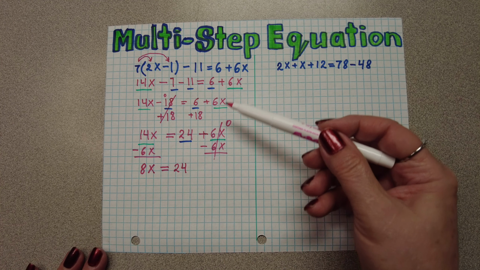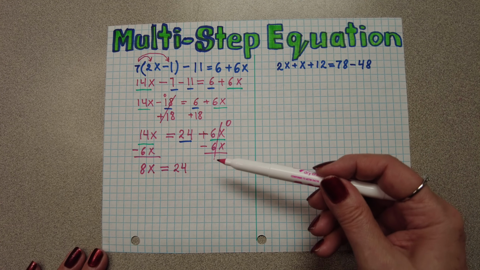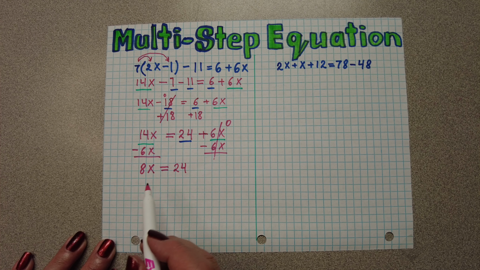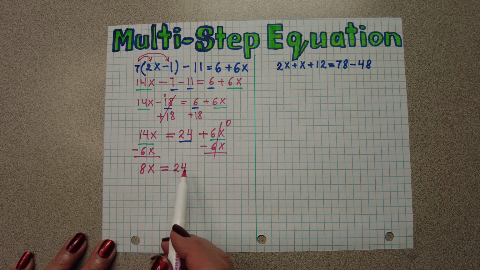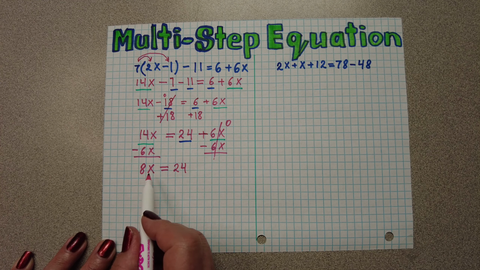See, step by step, we did multi-step operations, and right here we have 8x equals 24. One more step remains to isolate our variable.